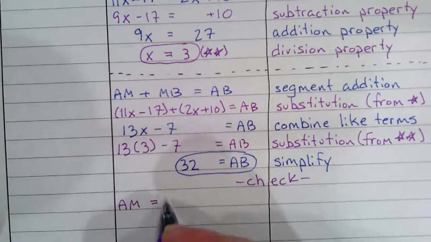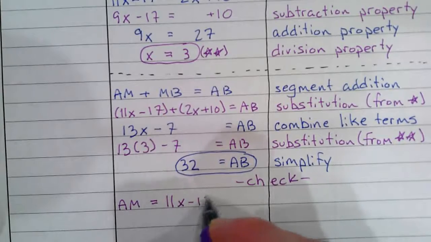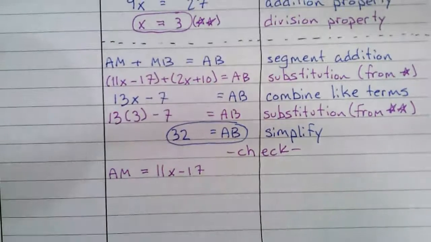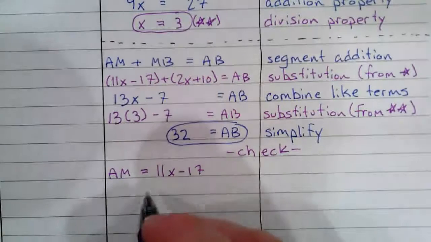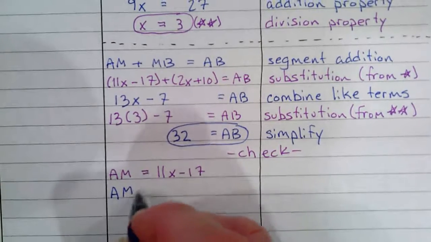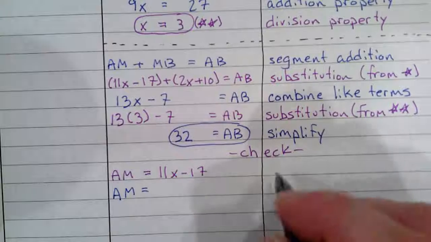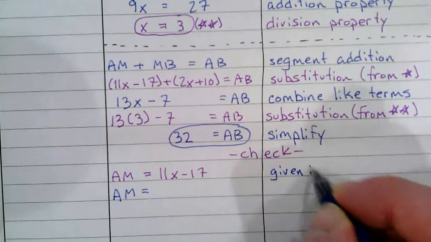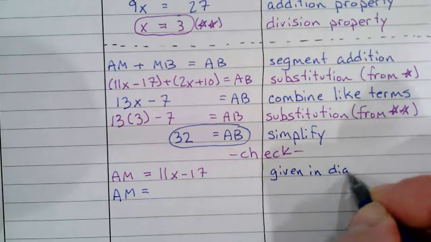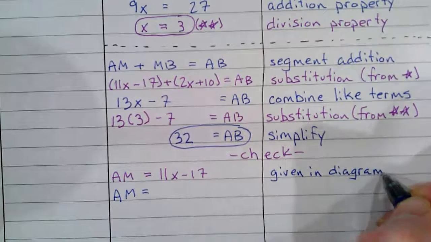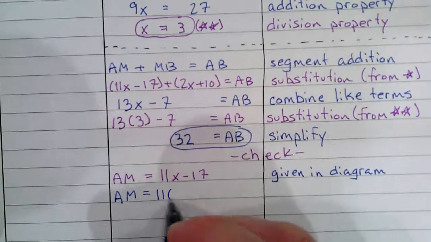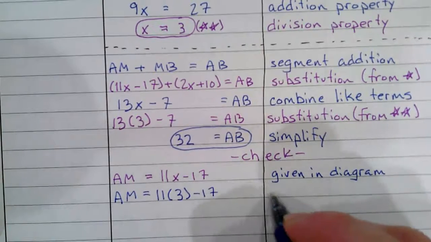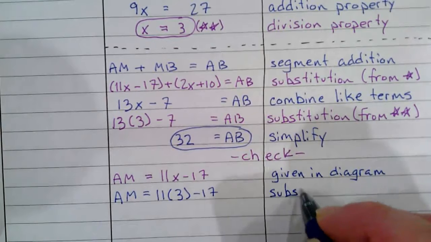AM equals 11x minus 17, and x equals 3, which is, by the way, given in the diagram. 11 times 3 minus 17, and that's just substitution.